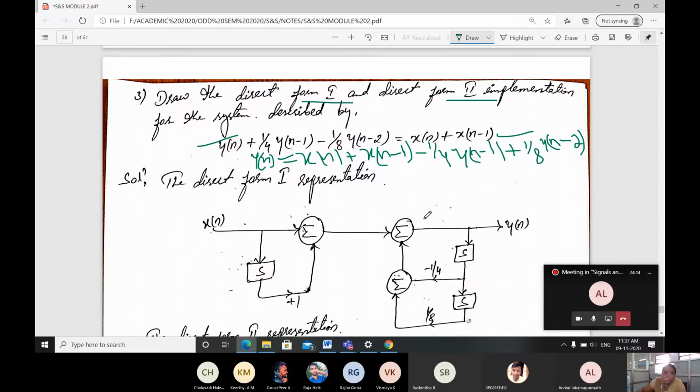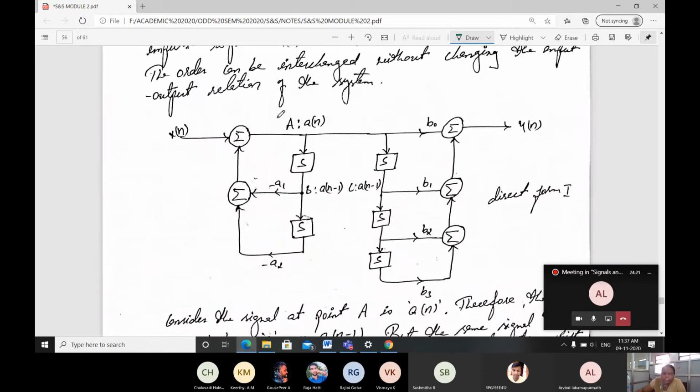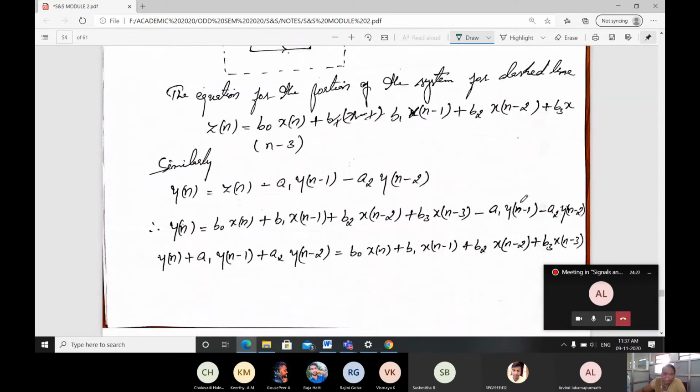After this, just compare the equation with the standard one, the standard form of direct form 1. Here y of n is b naught x of n plus b1 x of n minus 1 plus b2 x of n minus 2, it's going on.